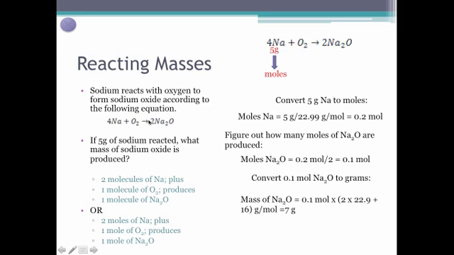Well, we already know what the molar proportions are here. For every one of these, I produce half as much sodium oxide. So if I start with 0.2 moles of sodium, I must have ended up with 0.1 moles of sodium oxide, half the number of moles.